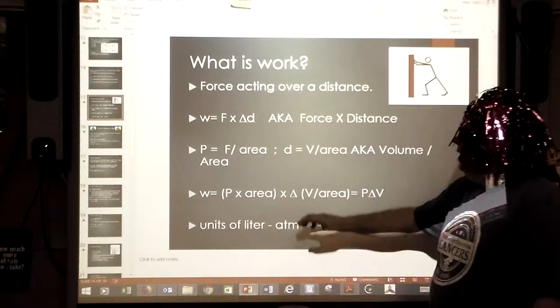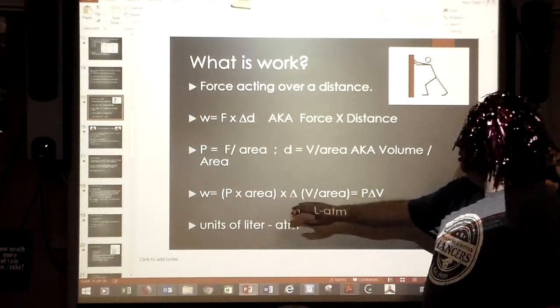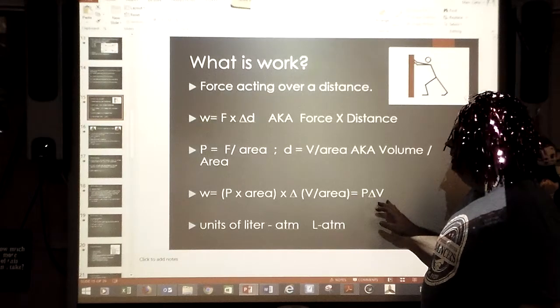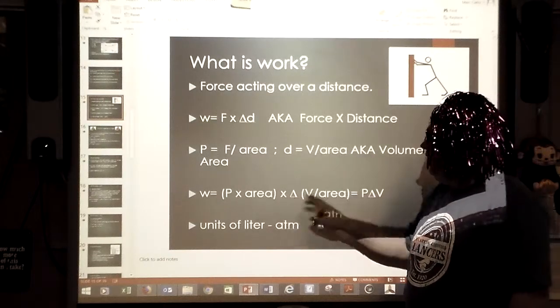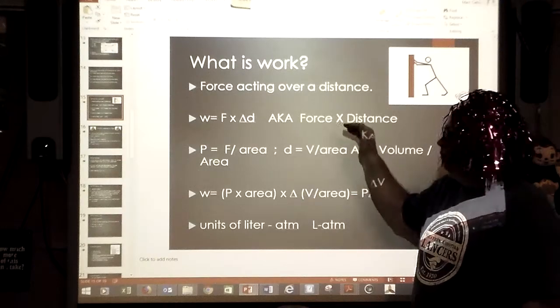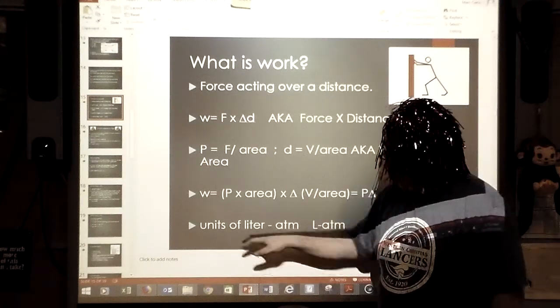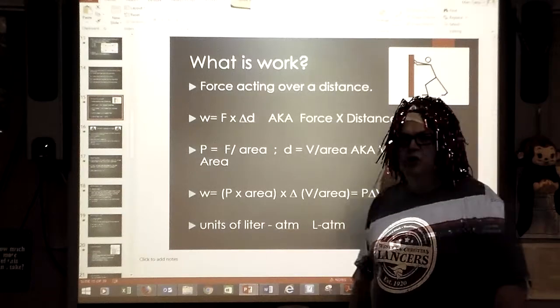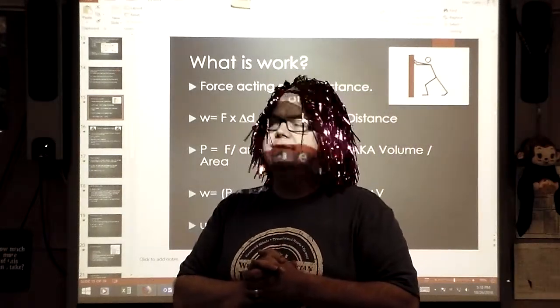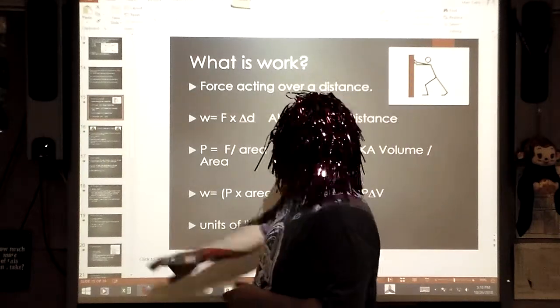Work is pressure times the change in volume. All this is showing you how the area cancels out. It's a proof, okay? And the units are liter atmosphere, in other words, liter times atmosphere. That's the idea behind it, okay?